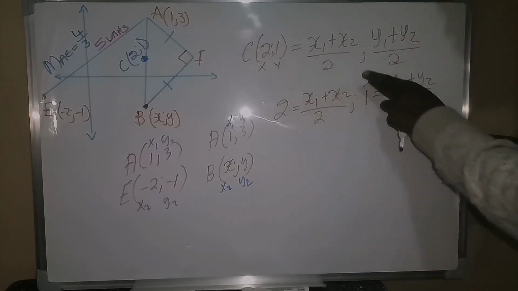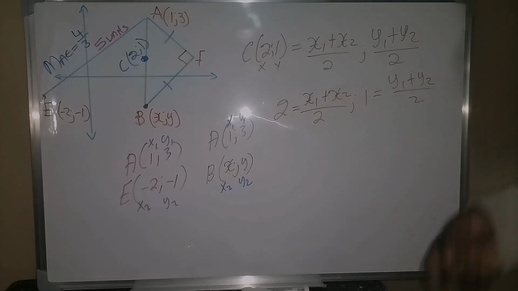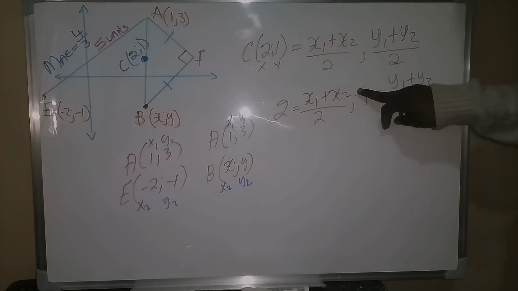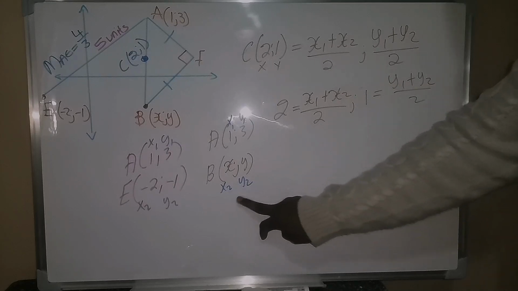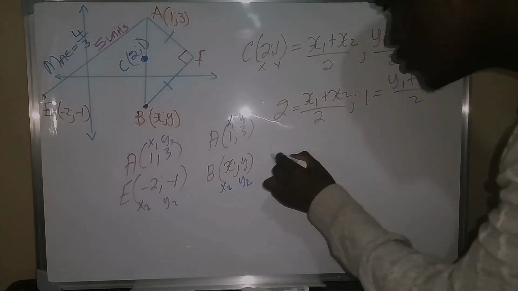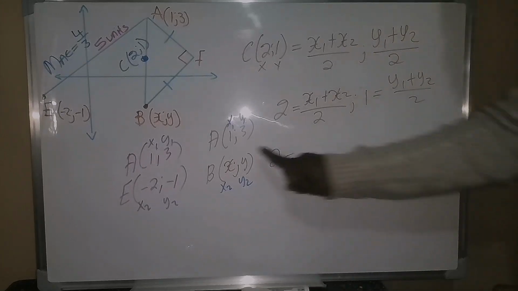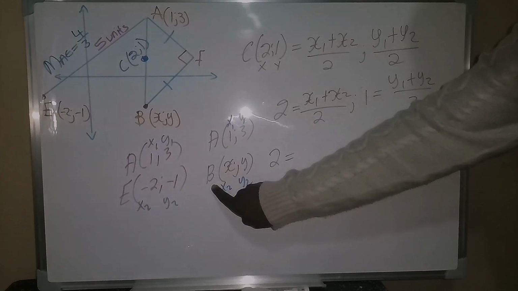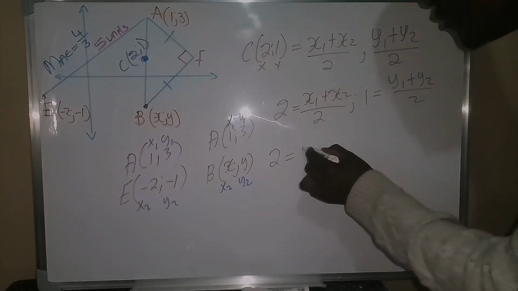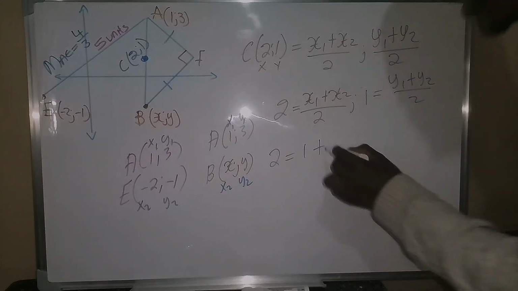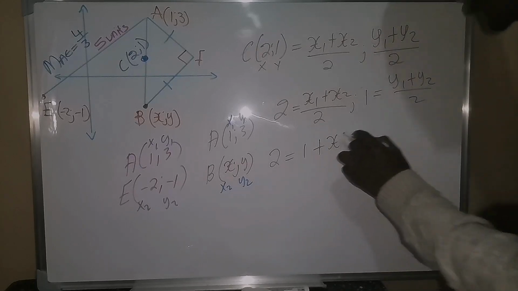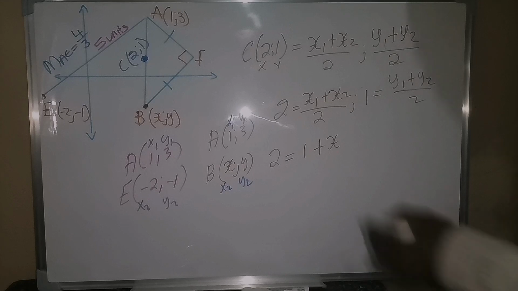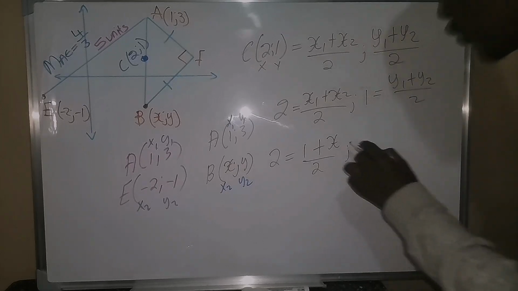If we have the coordinates of the midpoint and must find another point on that line, you put the midpoint coordinates on the sides and find the variables x2 and y2. What is our x1? 1, from A. What is our x2? Unknown, we can just write x. Divided by 2 is 2.